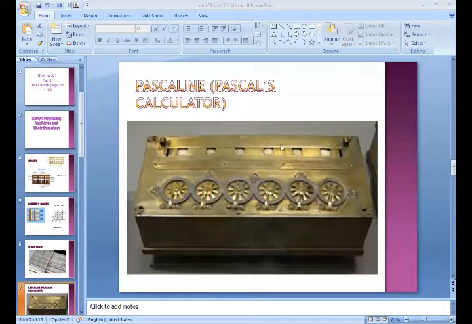How can we calculate the value with the Pascal calculator? Here you will see gears 1, 2, 3, 4, 5, and 6. Okay, we have moved the gear. First move the gear, for example, to 8, so the value 8 is here. We move the gear to 7, so the value 7 is here.